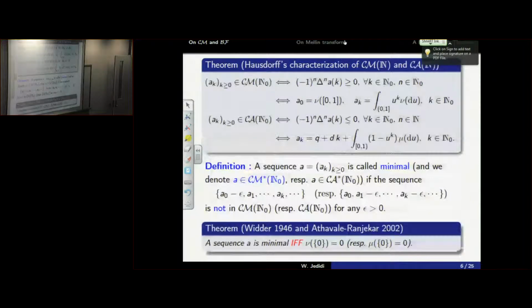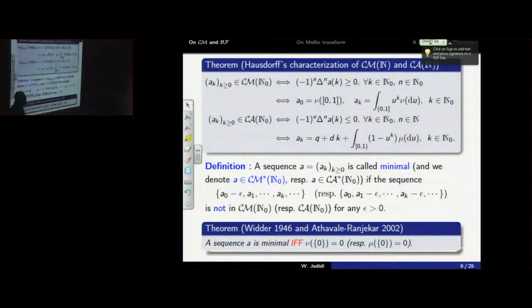Then, what are the completely monotone sequences? This is an old theorem due to Hausdorff. A sequence is completely monotone if and only if it corresponds to what we call a moment sequence. Each term a_k of the sequence is represented as a moment. There is a unique measure nu generating the whole sequence.